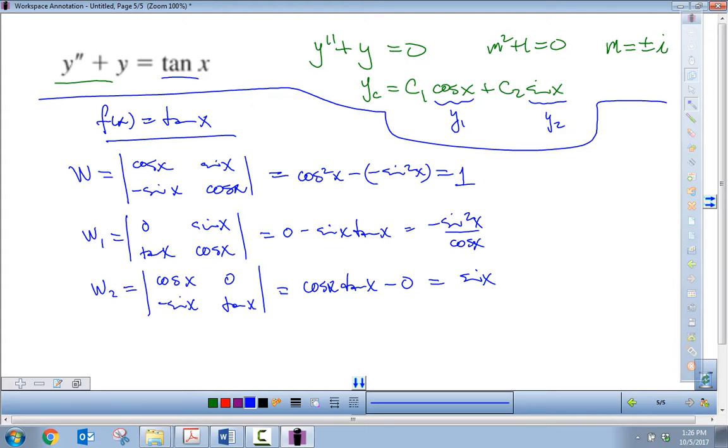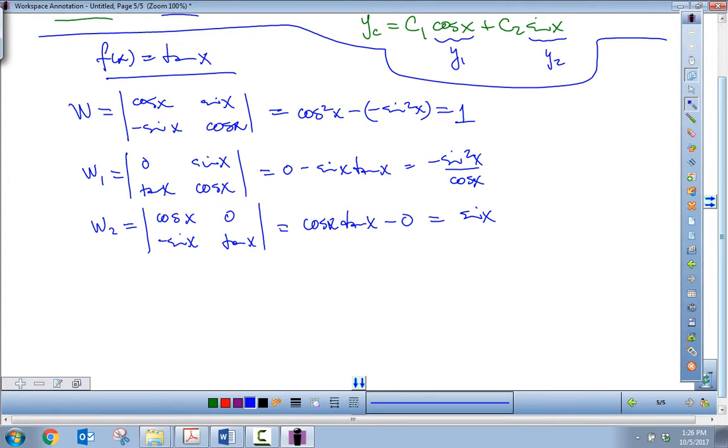All right. We are looking now for u1 prime, and that's W1 over W. So fortunately, our initial determinant was 1. I'm going to use maybe the second form because I'm thinking ahead to an integral that I have to do. And if I let u equal sine x, so no. You can change it to 1 minus cosine, and then one will cancel.